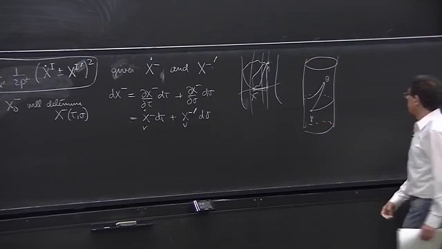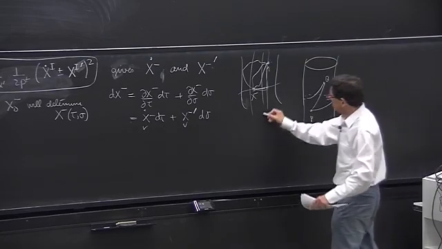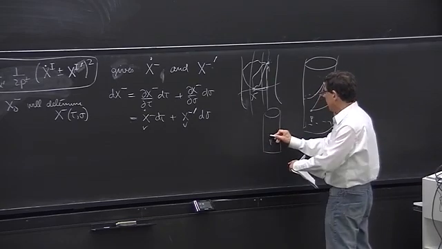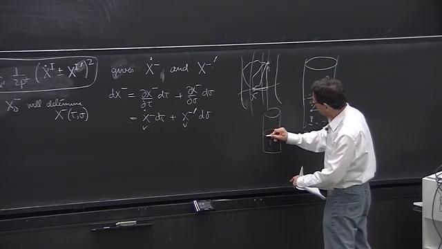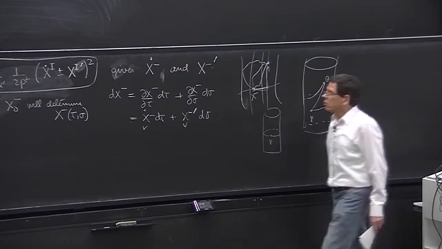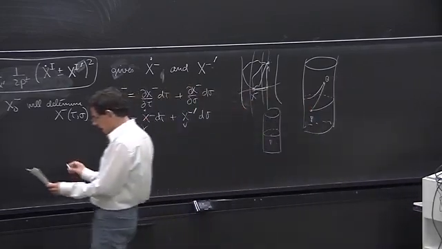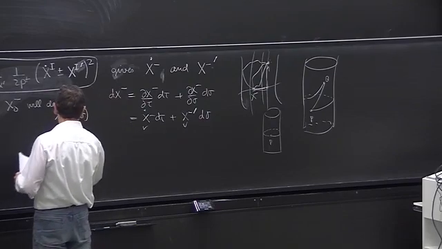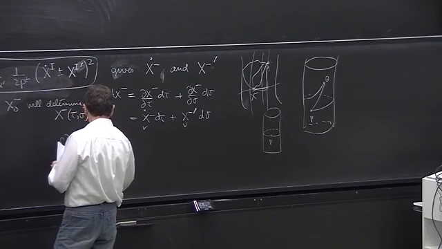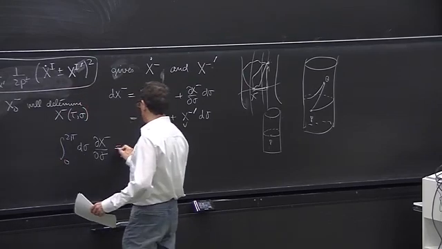In fact, you could even do the following. You could start on a closed string at a point P and integrate x minus and see if you get to the same value of x minus when you return. So you would have to check that the integral from 0 to 2 pi d sigma of dx minus d sigma is equal to 0.